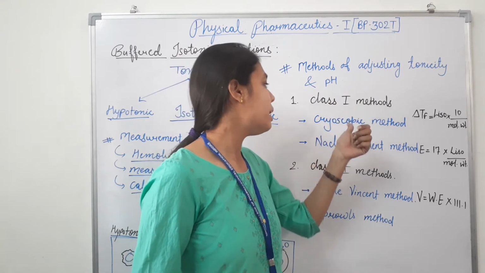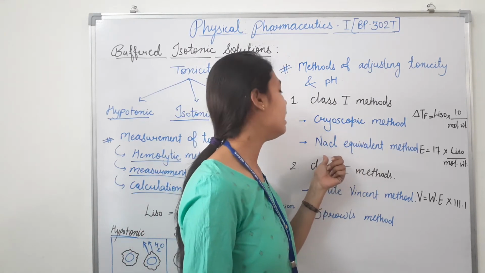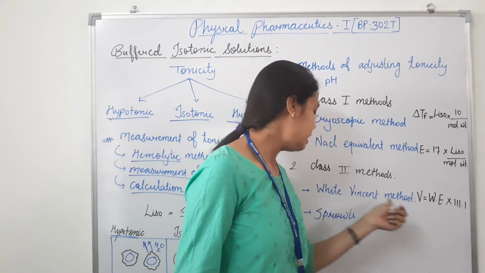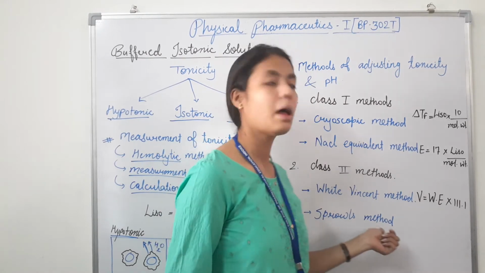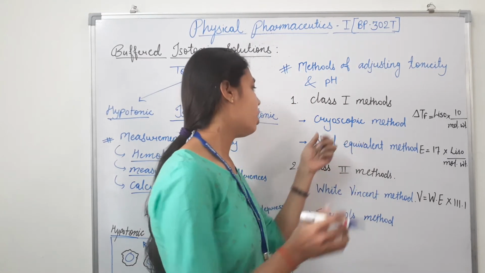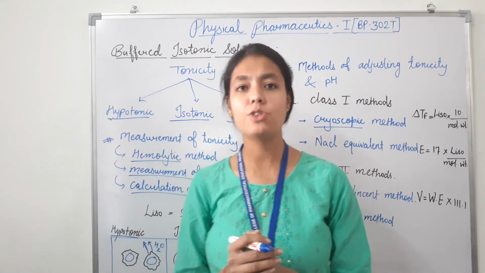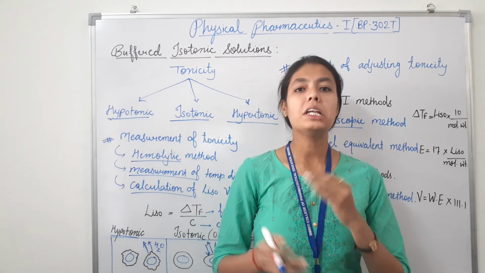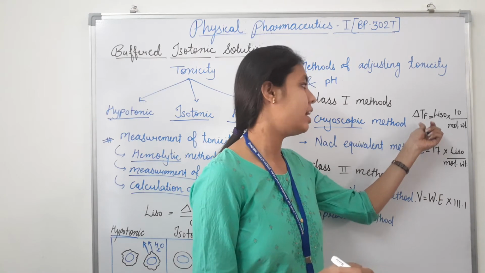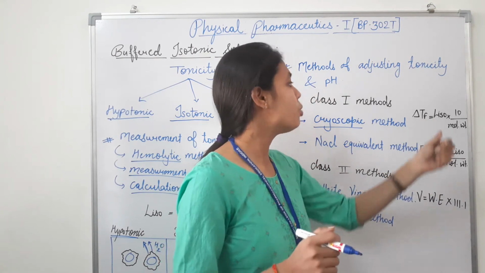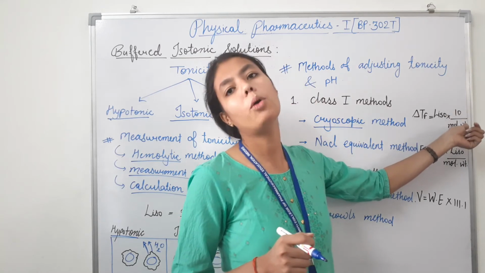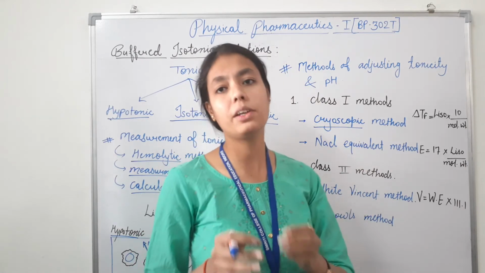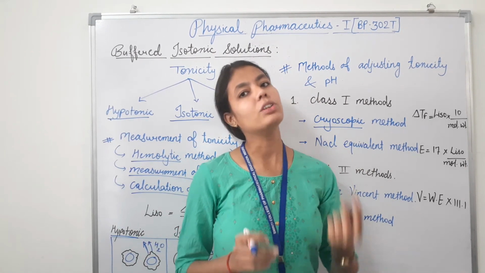In class 1 there are two methods, the cryoscopic method and the NaCl equivalent method, and in class 2 the White-Vincent method and the Sproul's method. So let's talk about the cryoscopic method. The freezing point depression of the drug solution is determined by the equation: delta TF is equal to LISO value multiplied by 10 upon the molecular weight of the drug substance, for which we have to calculate the isotonicity with reference to NaCl.